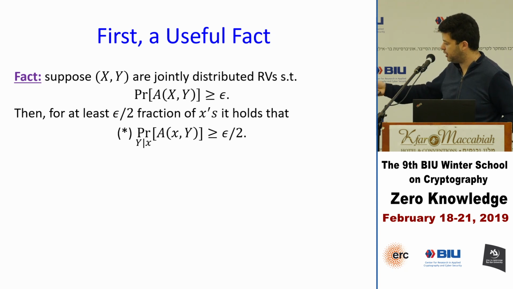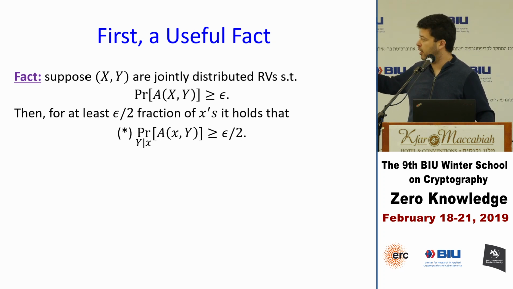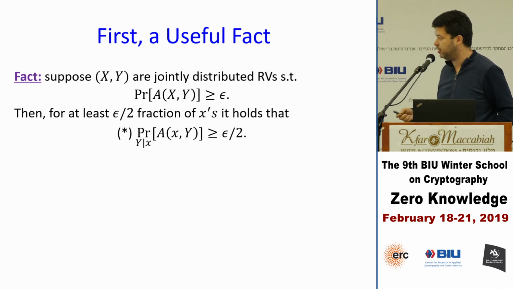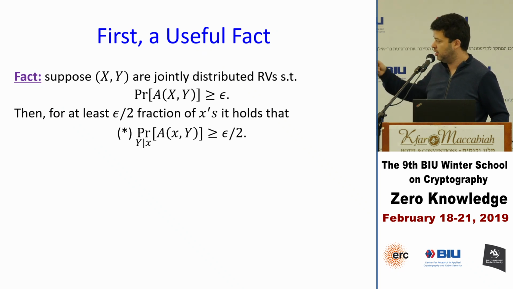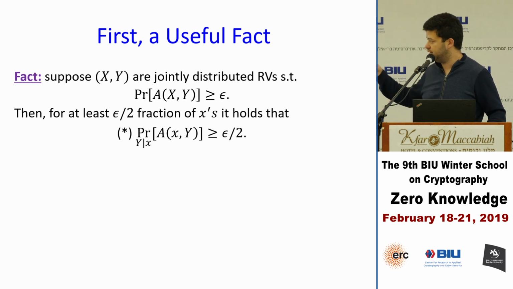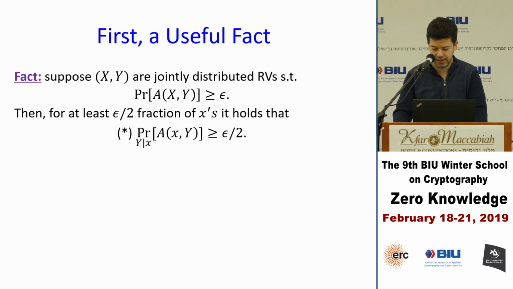A nice fraction, or good fraction, here essentially means good probability over a choice of little x from big X. So with epsilon over 2 probability over a choice of little x from big X, the probability over y conditioned on little x of this event happening is epsilon over 2. And I hope it wasn't too vague.